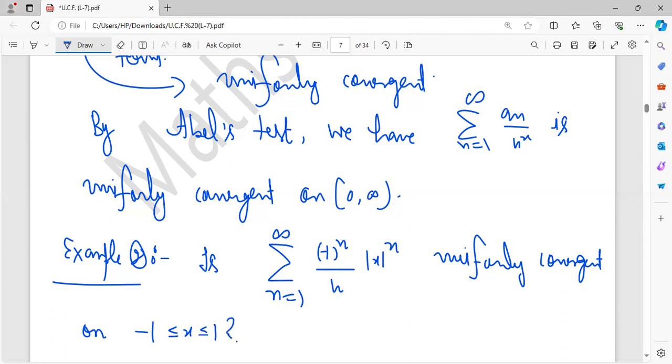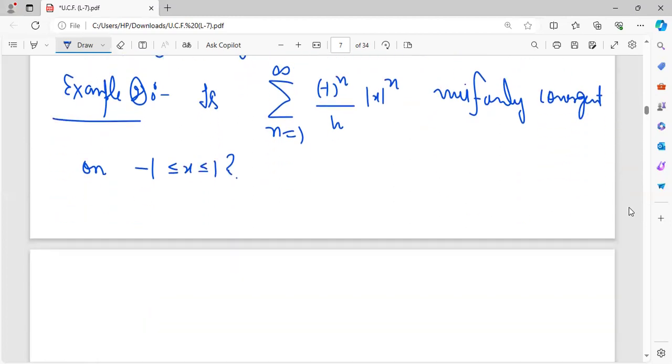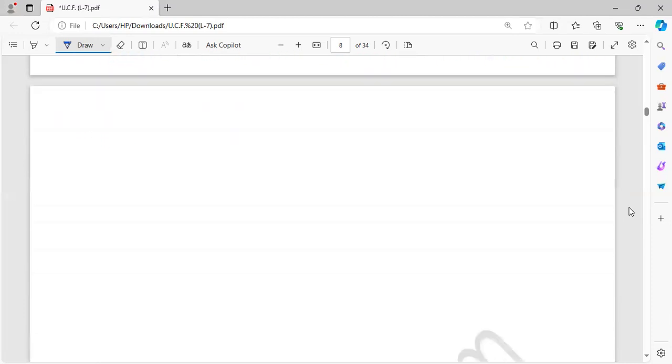Okay. Now what about this solution? So your answer is yes, this is uniformly convergent.